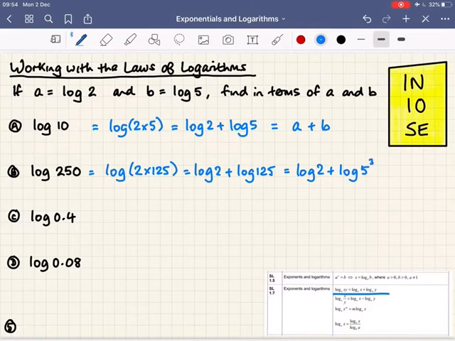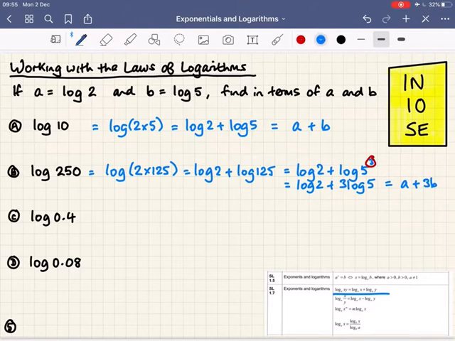And I can bring the 3 to the front. Log of 2 plus 3 log of 5. I've now got that in terms of a and b. That's a plus 3b. This bringing down of the power to the front is extremely useful, and you'll do that a lot in order to simplify expressions.